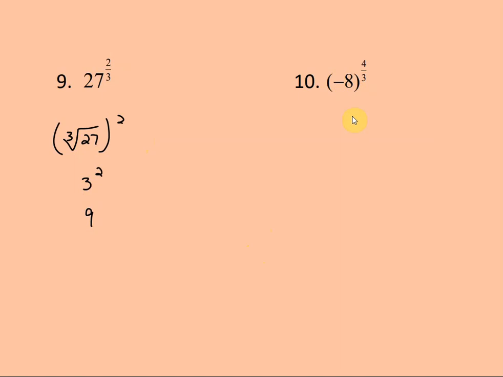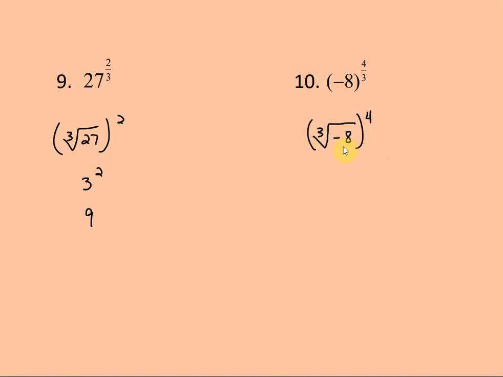And -8 in parentheses raised to the 4/3 power would be the cube root of -8 to the 4th power. When we take the cube root, an odd root of a negative number, that's not an imaginary number.